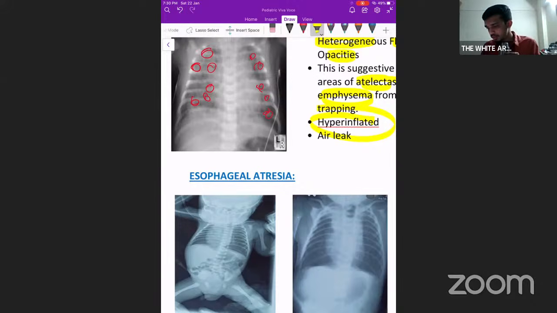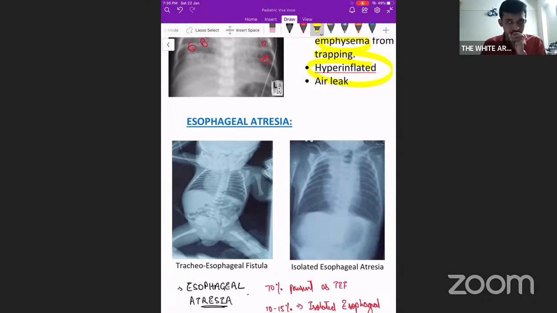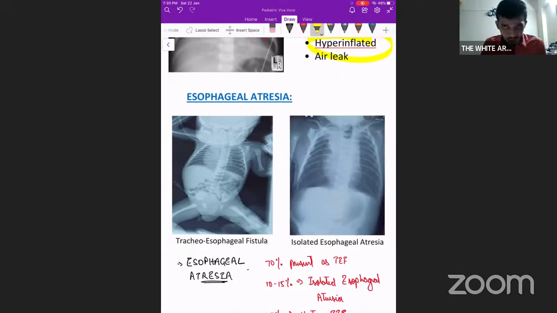On YouTube, anyone? Okay, no one is replying. I'll tell. The difference is both of them are esophageal atresia only. One is making communication with the stomach below, the other one is not.